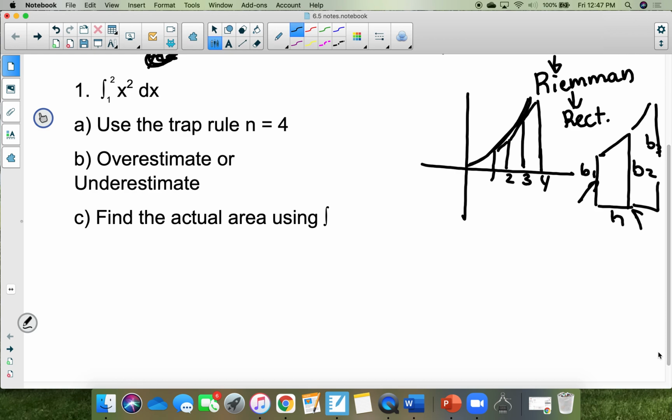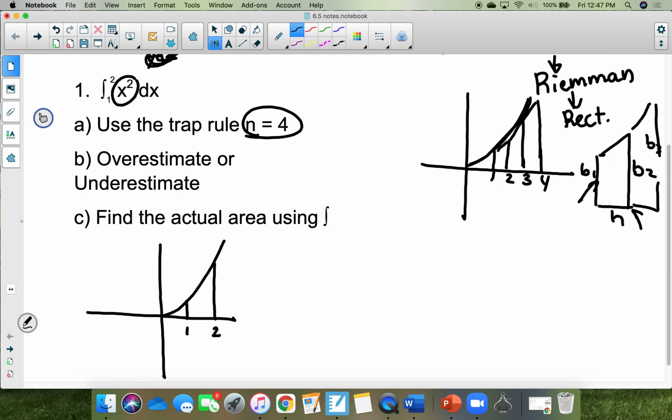Here's the problem, and this is a parabola, and we're only going from 1 to 2. You are going to use n equals 4, so we're going to place 4 trapezoids in there. I'm going to blow this up a little bit so you can see it better.